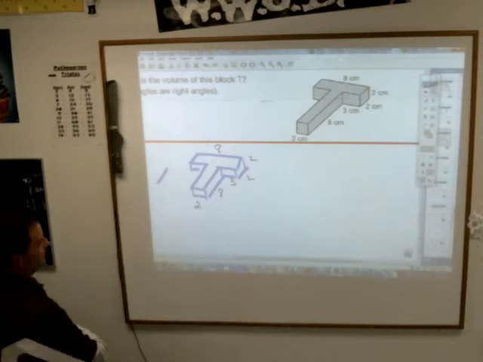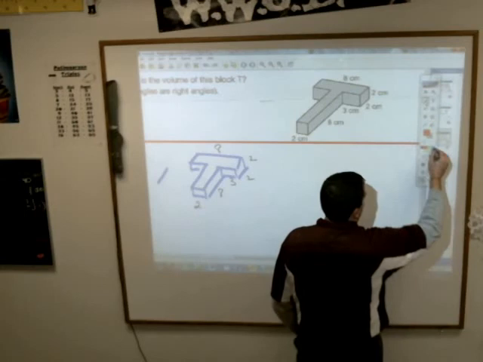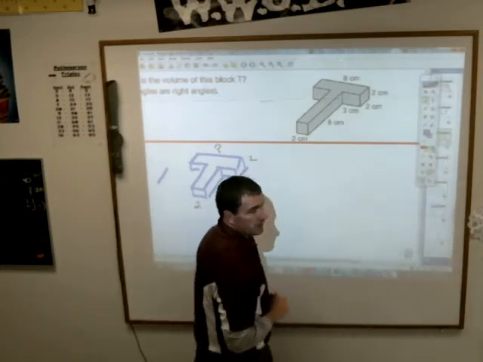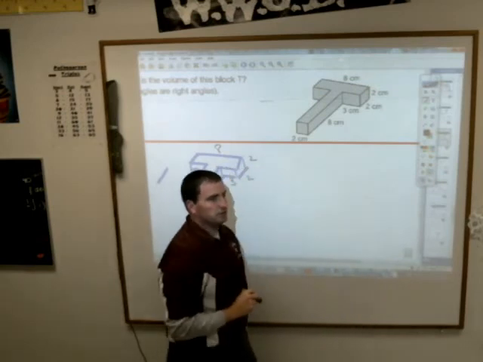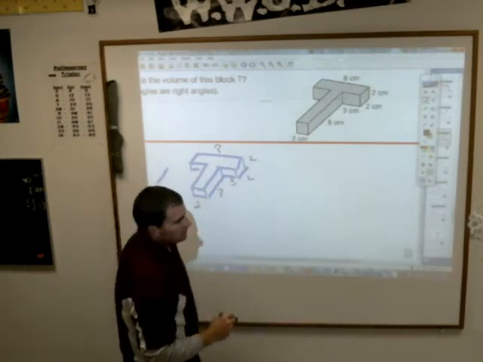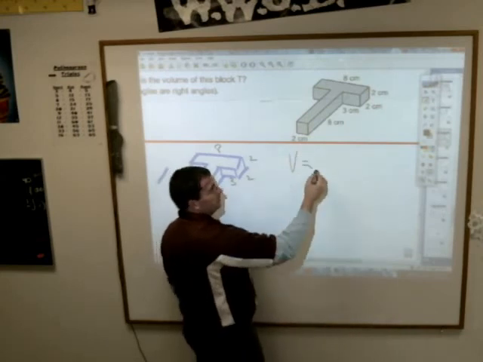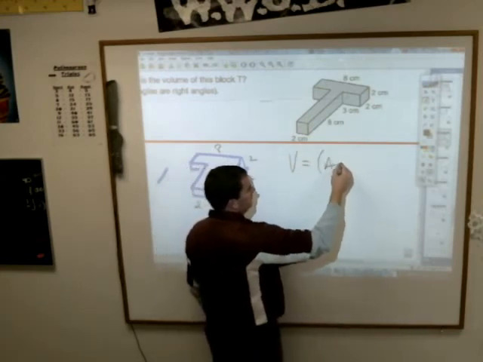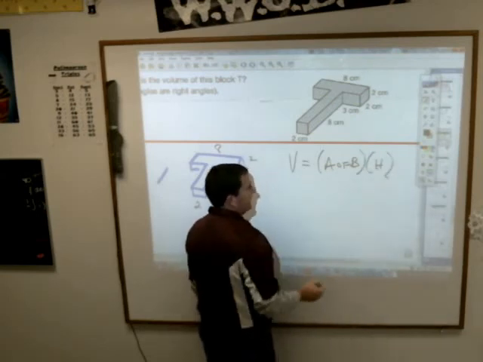All right, lest we run out of time here. First thing you would do is do what after this point? I've already got it sketched out. My next thing is to do what, Hannah? Write the formula, which in this case, since it's a prism but it's not a rectangular one, is the area of the base times the height.